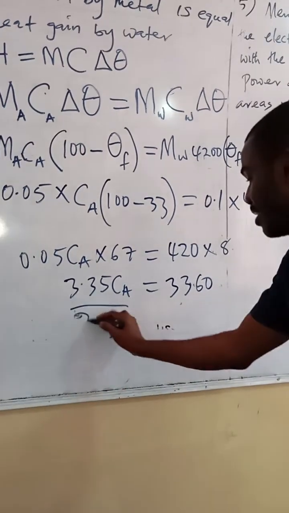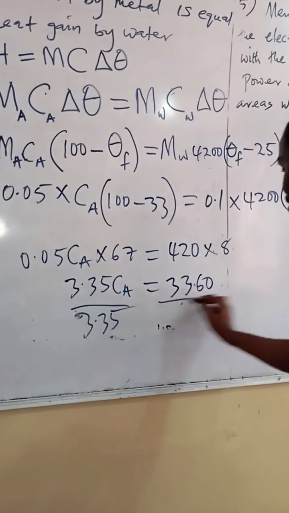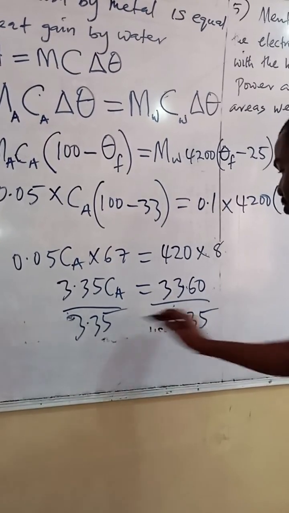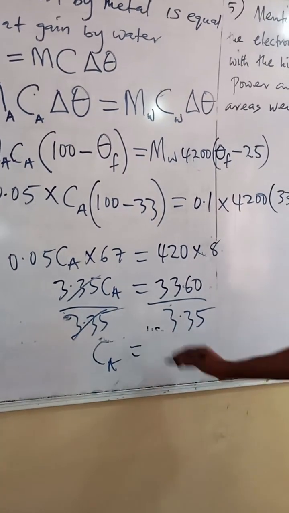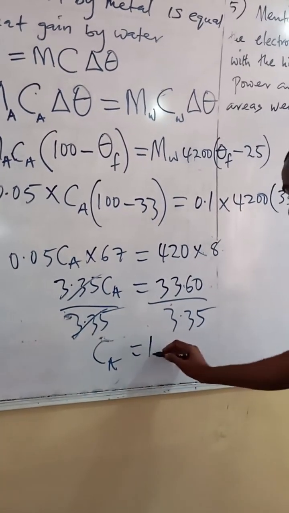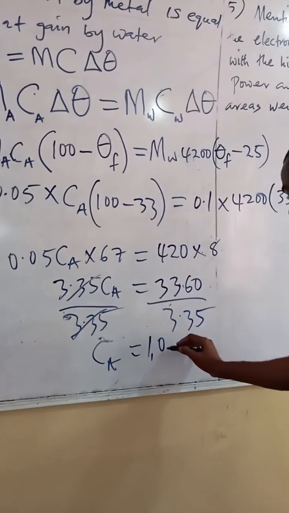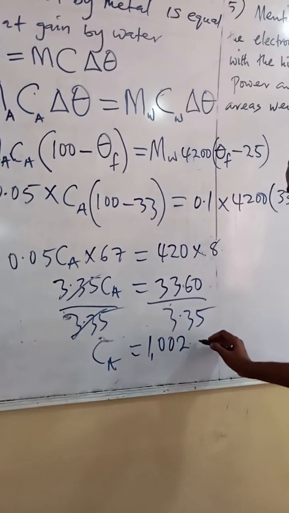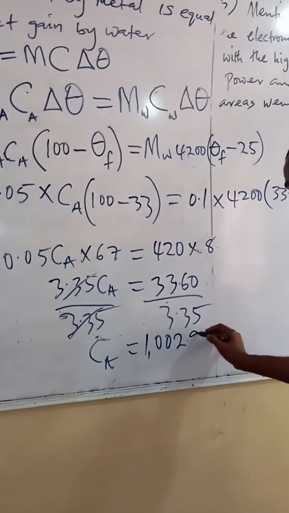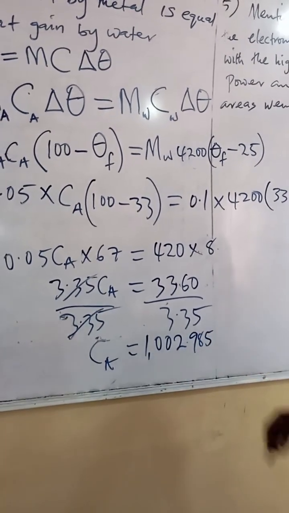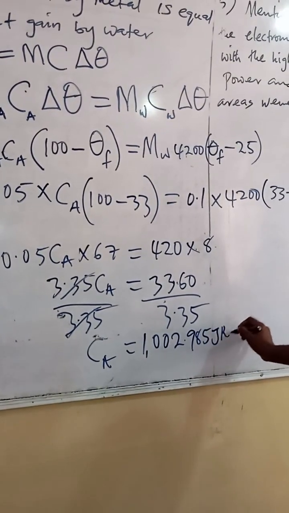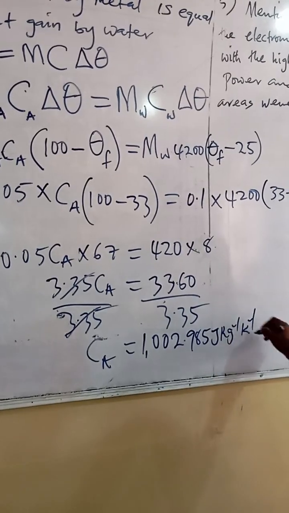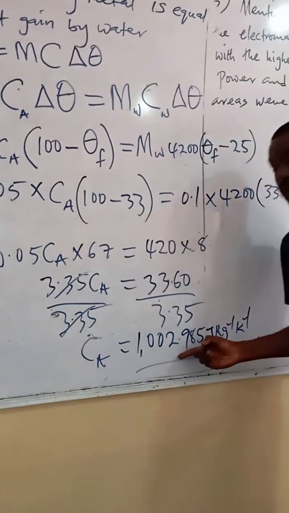We divide both sides by 3.35, this cancels out, so Ca is equal to 1,002.985 joule per kilogram per Kelvin.